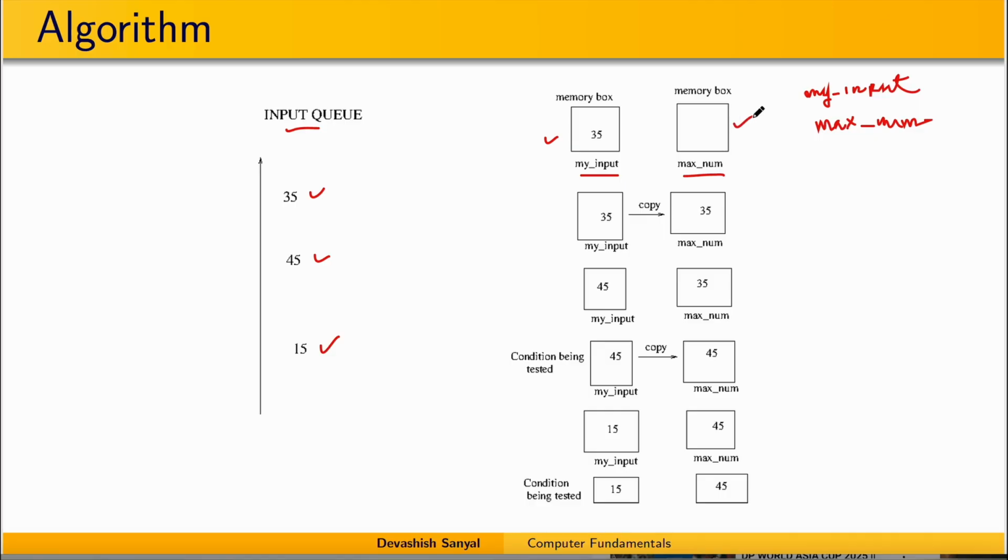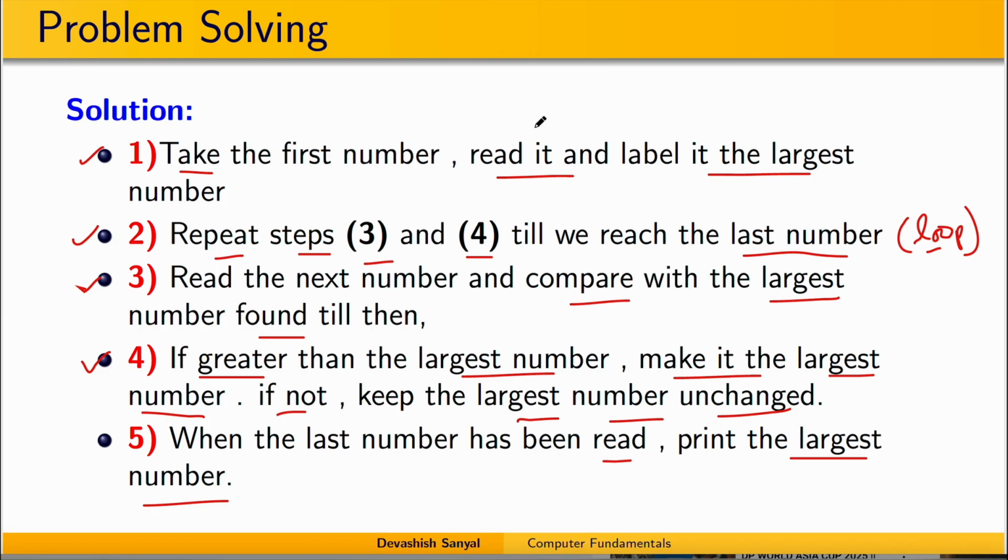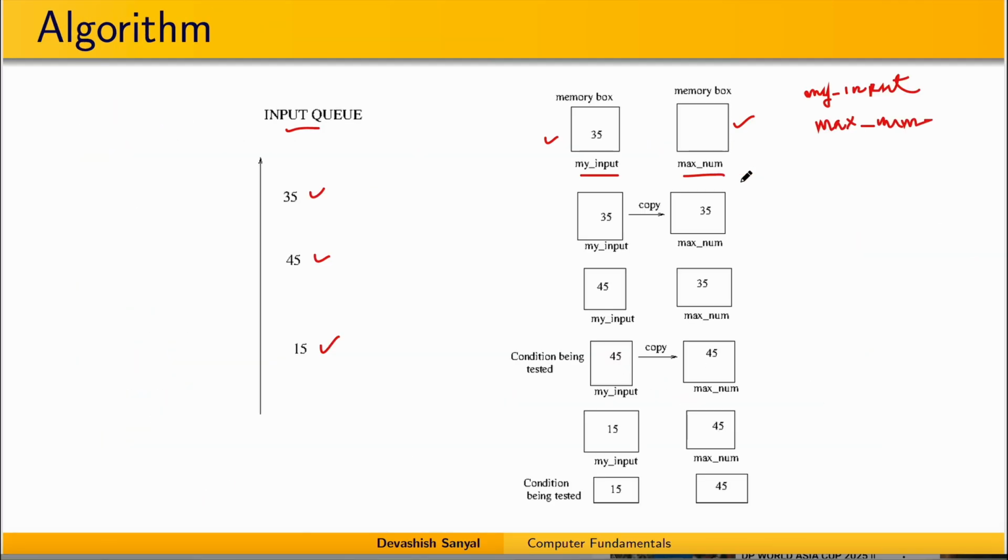Now what is the second step? The first step was: take the first number, read it and label it the largest number. So now it has been read into my_input, and this 35 has been copied to the memory max_num. So the value that has entered max_num is now 35. Clear?